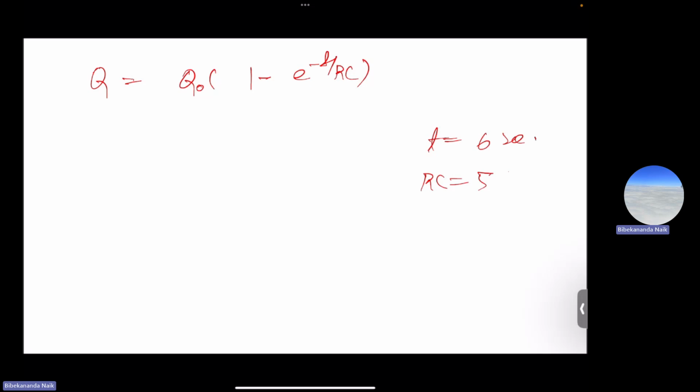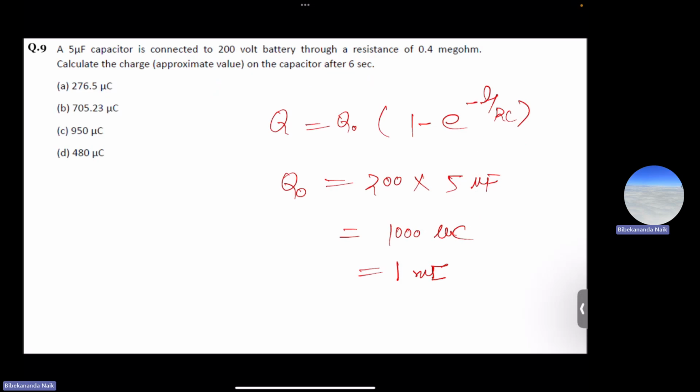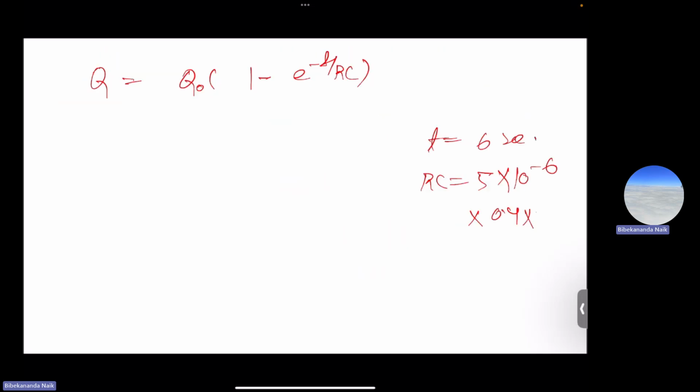RC is 5 into 10 to the power minus 6 into 0.4 mega ohm, that is 0.4 into 10 to the power 6, so it is 2.0. So it will be 1000 into 1 minus exponential minus 6 by 2.